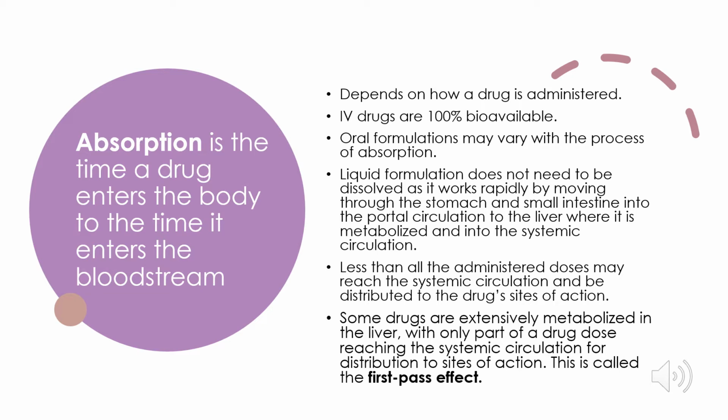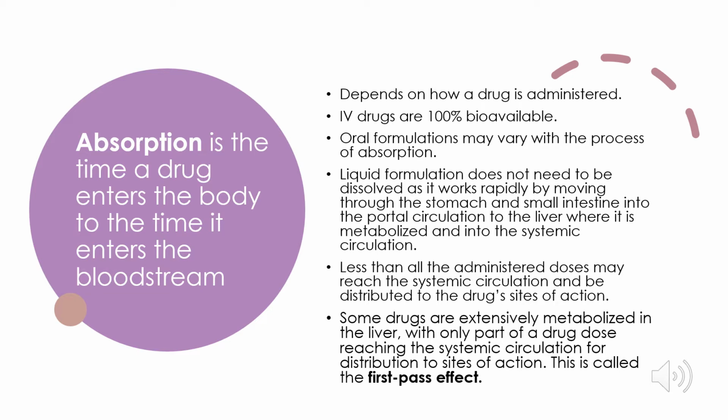The absorbed drug passes through the liver, where metabolism and biliary extraction may occur before the drug enters the systemic circulation. So the important concept here is that the drug moves from the stomach or the small intestine to the portal vein or the portal circulation and goes into the liver, where it is metabolized, and then it is transported into the systemic circulation.